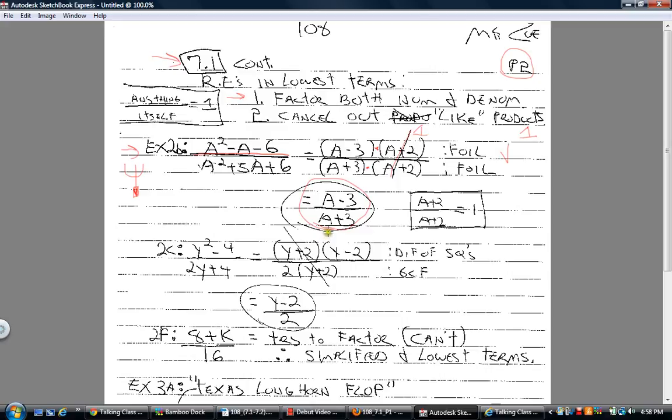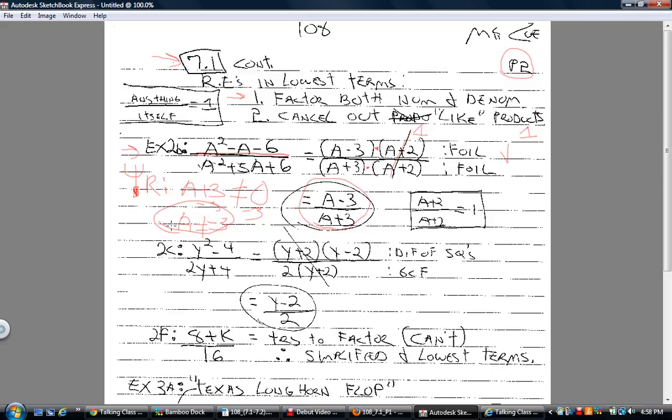Now, if they ask for restrictions, you take the denominator, a plus 3, and set it not equal to 0. This expression cannot equal 0, so subtract 3 from both sides, and a cannot equal negative 3. That's not part of this problem, but keep it in mind if they ever ask.